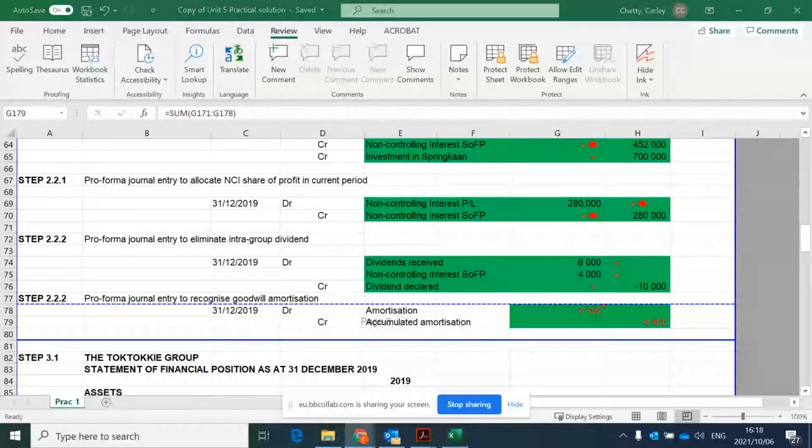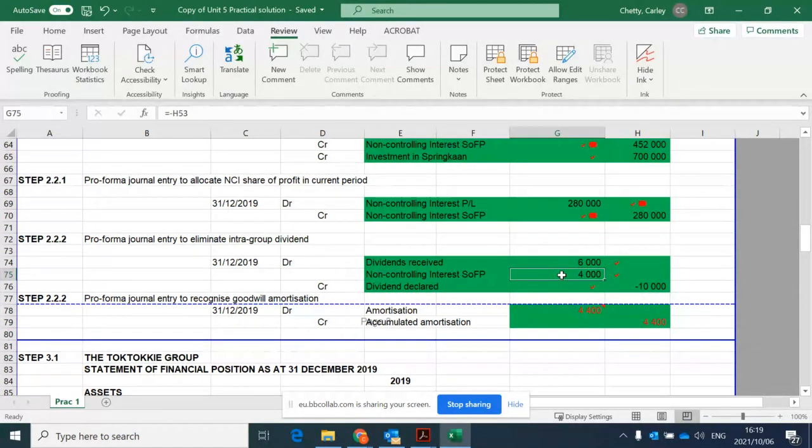So here the journal entry was, so that 6,000 Rand is between the subsidiary and the parent. This amount was eliminated in this journal entry over here. So 6,000 Rand was declared to the parent company. This was eliminated. And then we have the 4,000 Rand, which relates to the non-controlling interest.